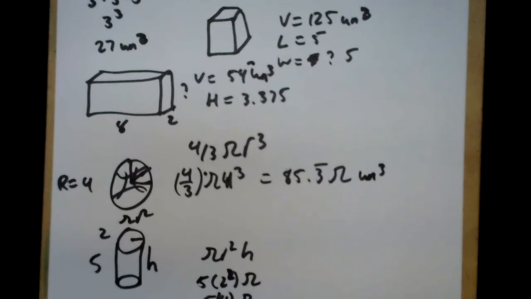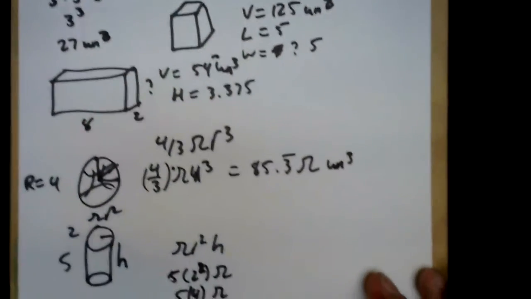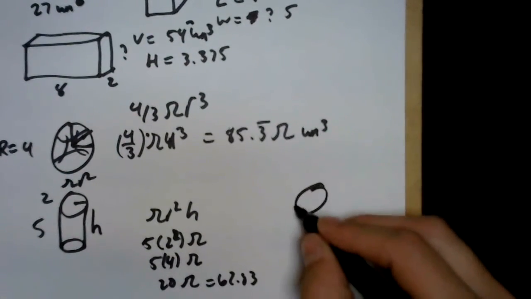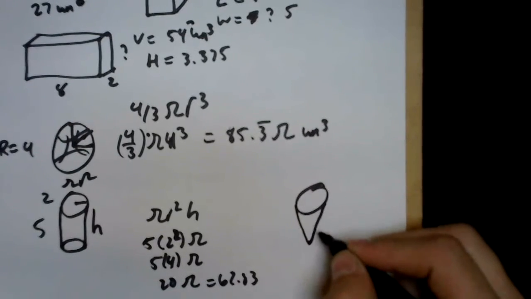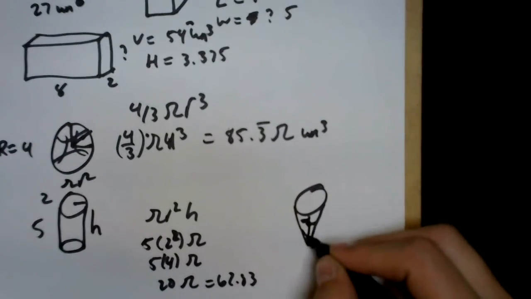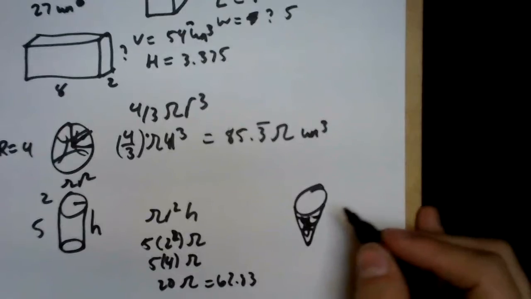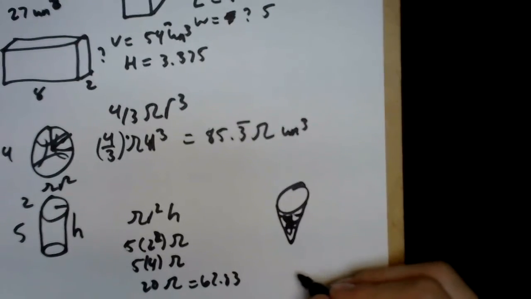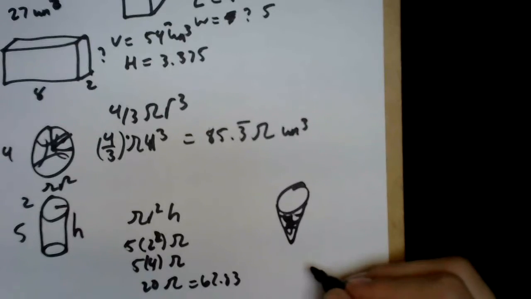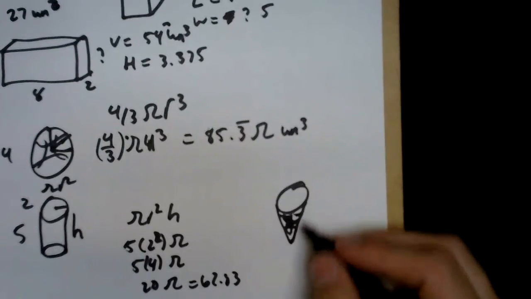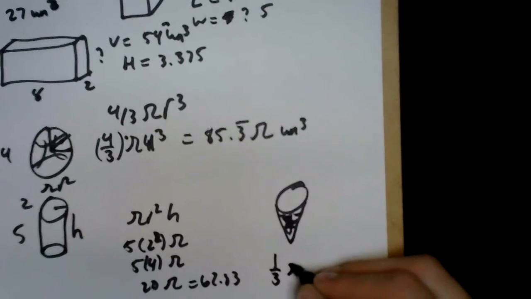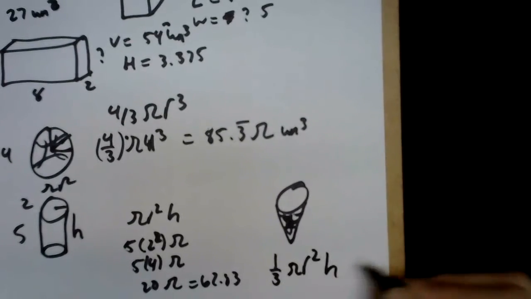And sometimes they'll give you a cone, like an ice cream cone. I'll just kind of make myself a waffle cone here. There we go. There's your cone. And all you have to know is basically 1/3 of your circle equation, which is pi r squared, times the height.